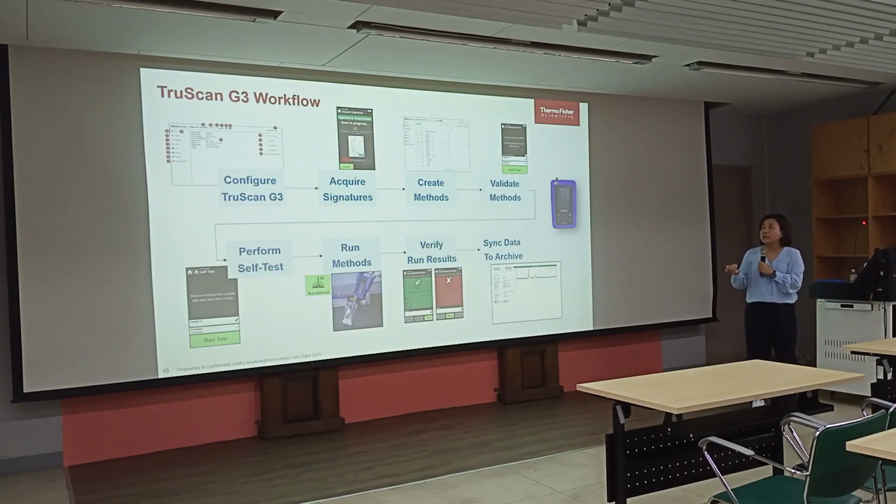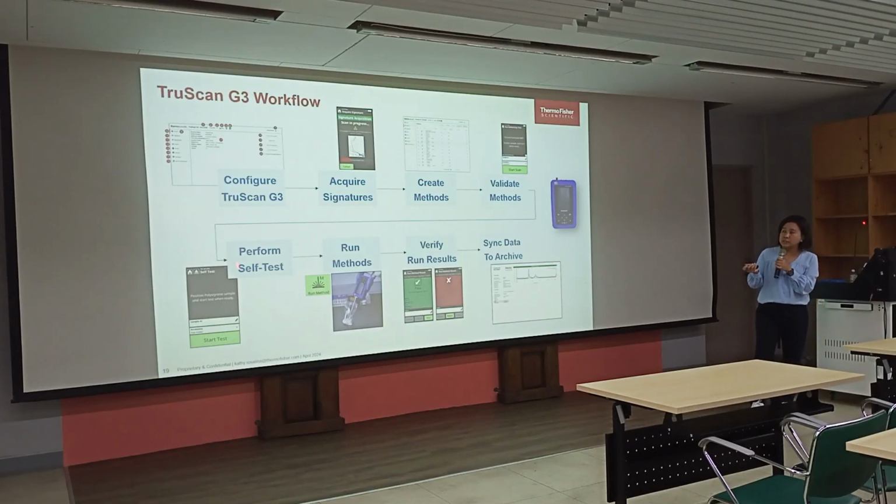In our TruScan, we call them signatures. So first you acquire the signature, and once you have your reference spectra added into your method, you can continue to validate your method. Once the method is validated, the instrument is ready to use.